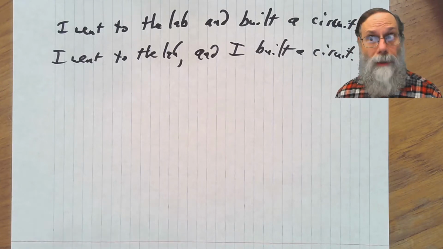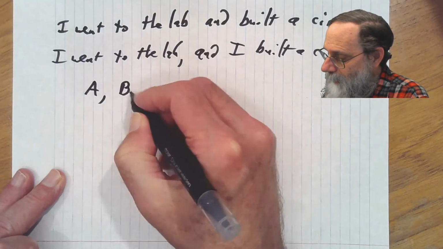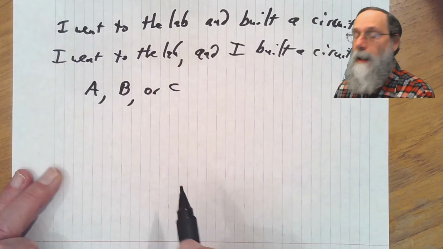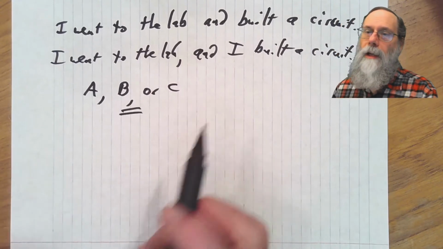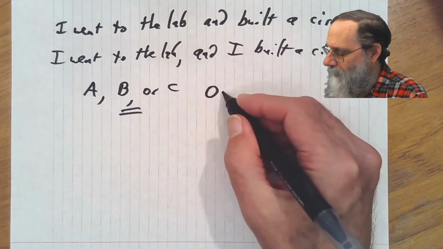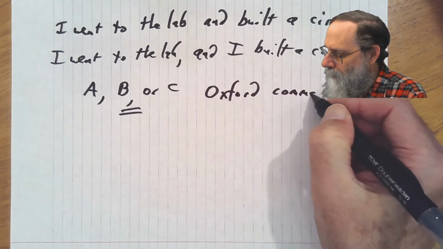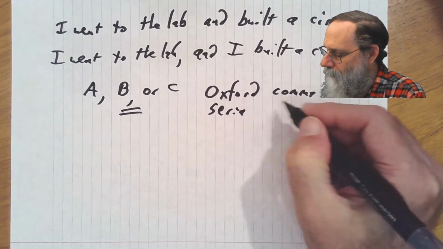What about three items? Well, if you've got three items, A, B, and C, in this class we're going to insist on that extra comma. This is sometimes referred to as the Oxford comma or the serial comma.